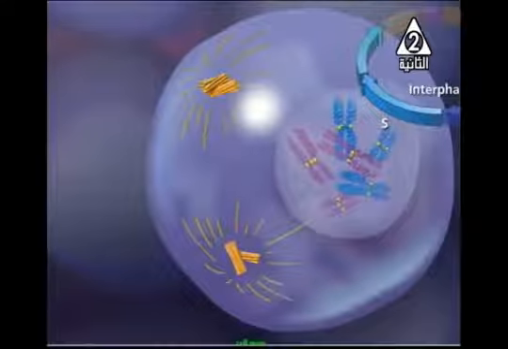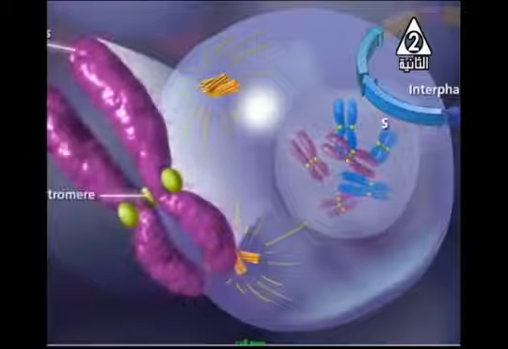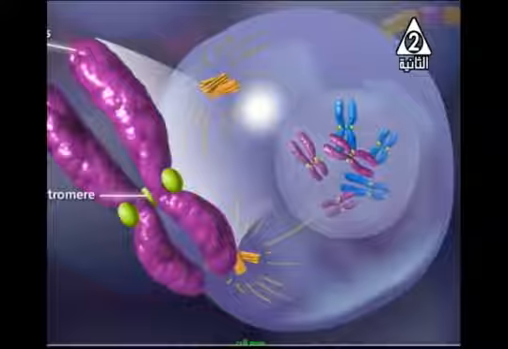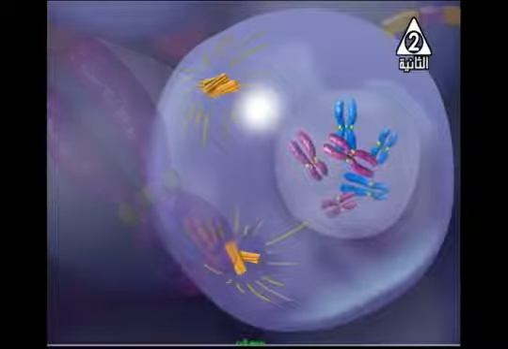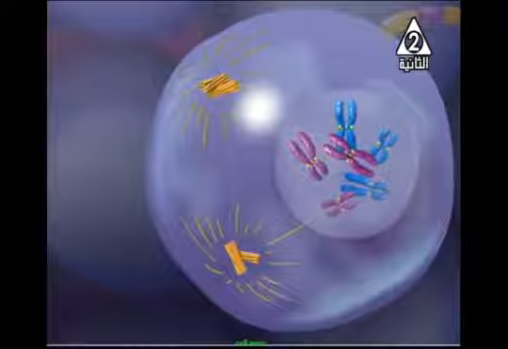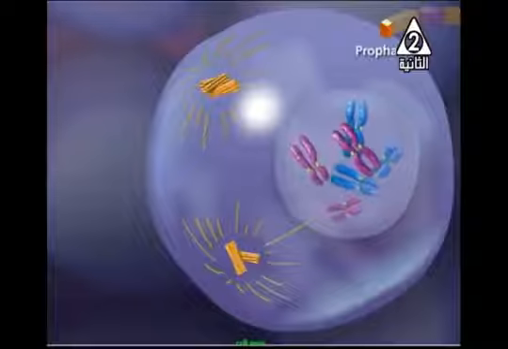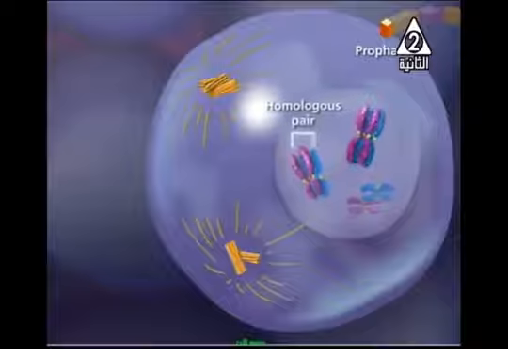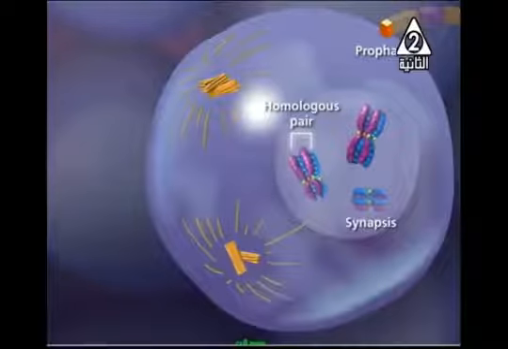The chromatin reticulum intensifies to form chromosomes, each consisting of two chromatids and the centromere intersecting them. Then the chromosomes connect together to form the tetrad, or the homologous pair. All this occurs in prophase 1 of the first meiotic division.